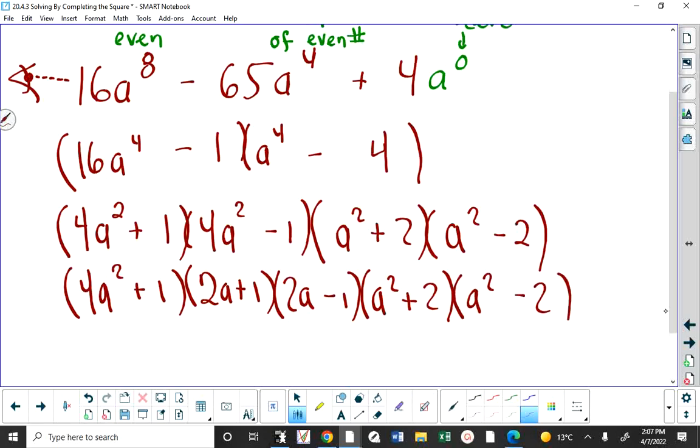And we're done. As we talked about yesterday, you could write that as a plus root 2, a minus root 2. Go ahead. Can you repeat that, please? Why can't you do the difference of squares thing to both of the 4a squared plus or minus 1?